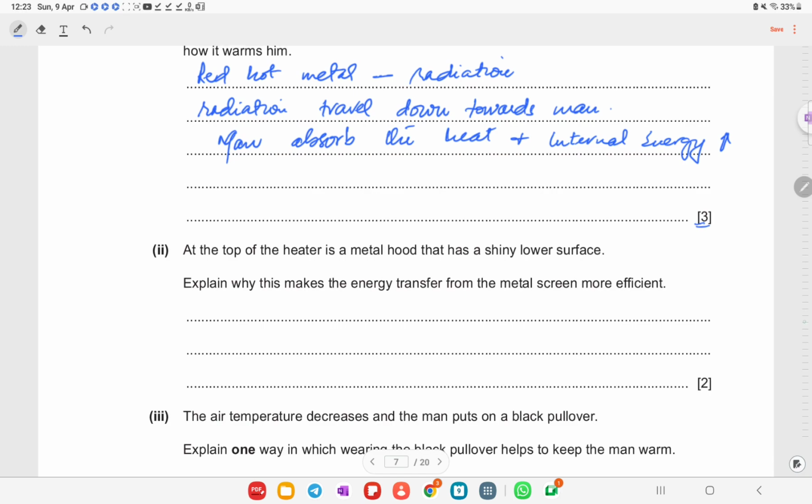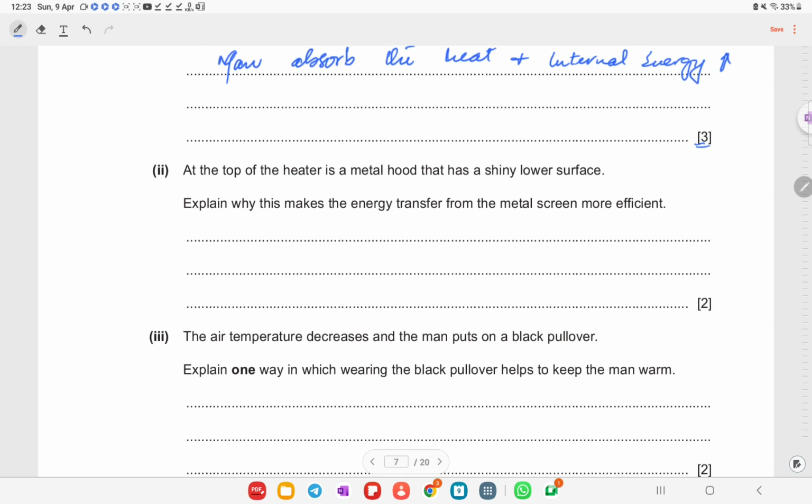Then at the top of the heater is a metal hood that has a shiny lower surface. Explain why this makes the energy transfer from the metal screen more efficient. So we know that shiny surfaces are good reflectors of heat. So we are going to write this point: shiny surface will reflect the heat downwards.